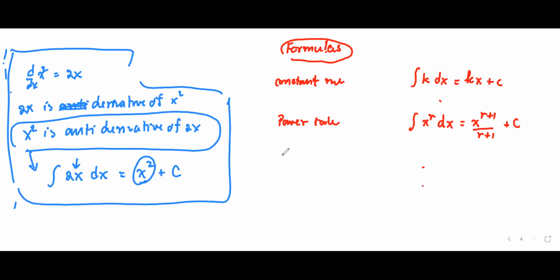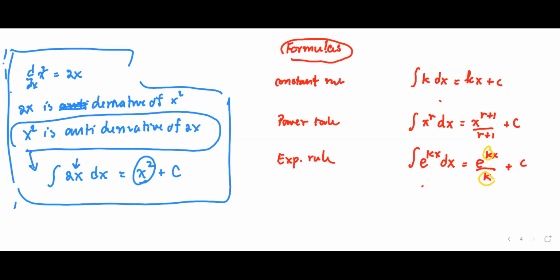The next one is the exponential rule. The integral of e to the kx with respect to x is e to the kx divided by k plus c. Note that you see the k here and the k here. Okay.